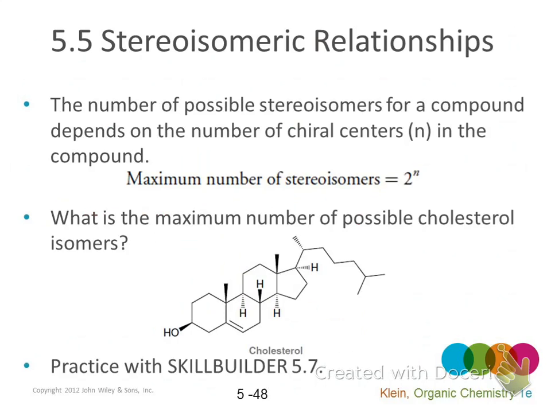What's the n? 8? 1, 2, 3, 4, 5, 6, 7, 8. So there's a lot of them, right? Oh, come on. You can do powers of 2. No? Maybe not. 1, 2, 3, 4, 5, 6, 7, 8.